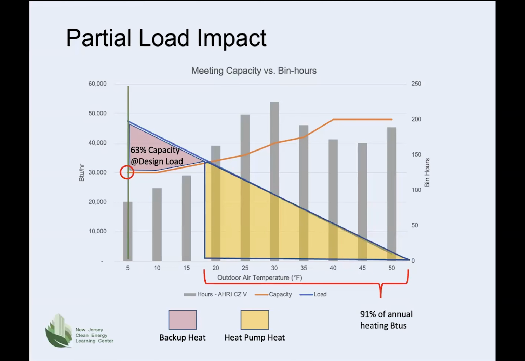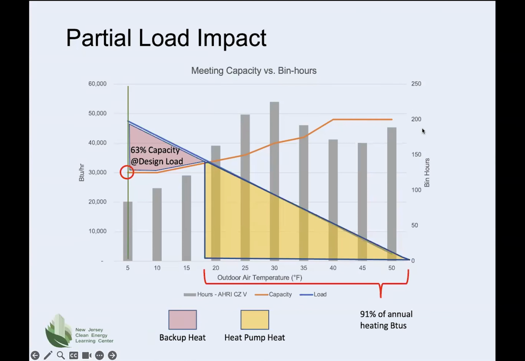At the design temperature, the home's heating load is 48,000 BTUs an hour. The blue line, as we've said before, is the actual heat load on the home. This orange line represents the maximum capacity of the heat pump.